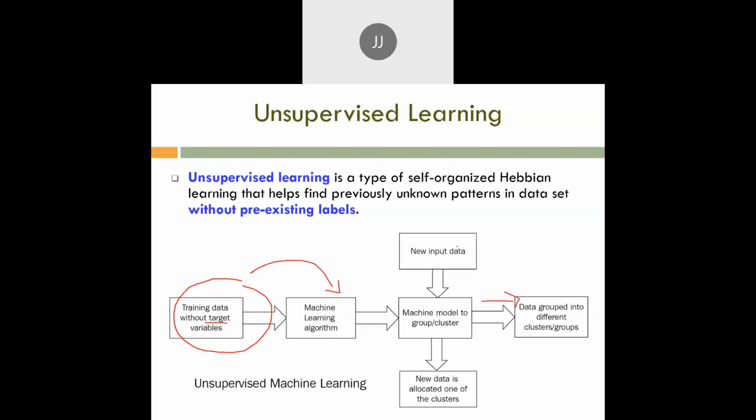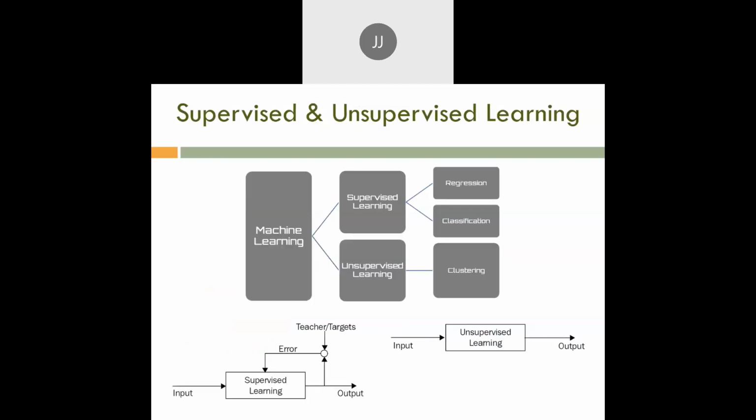So if you have new data here, they will just put it in the same cluster where it has similar characteristics with that particular cluster. So basically, they are just looking at the similarity and the differences between your data and the data in the cluster. So we will learn unsupervised machine learning also. Okay.